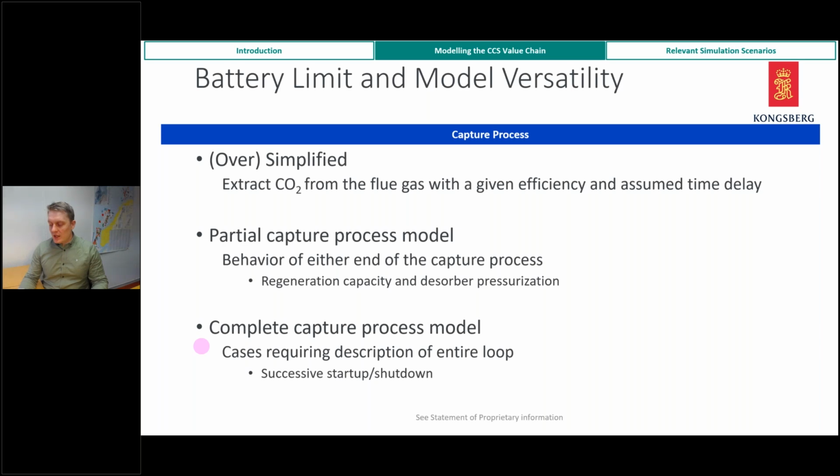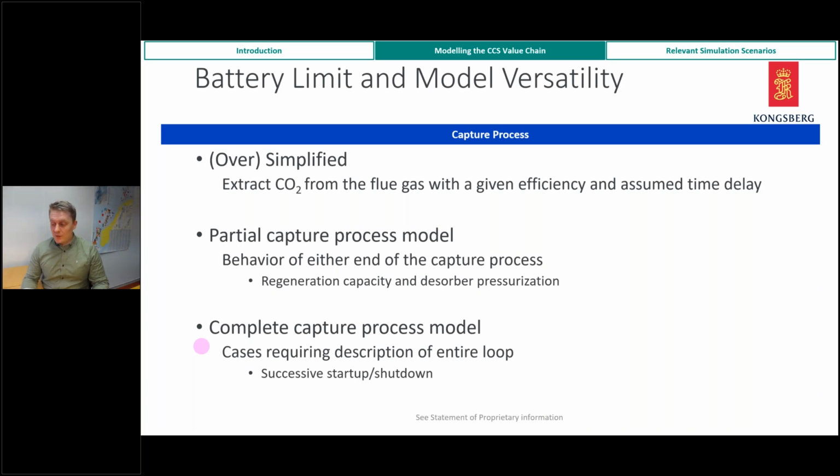This is something that, particularly in scenarios where you need successive startups and shutdowns, now you need everything. You even need accurate volumes for piping, etc., because the amine loading might vary throughout your plant. And in order to get an accurate transient, you're in a situation where you actually need the entire amine loop to be modeled and simulated.